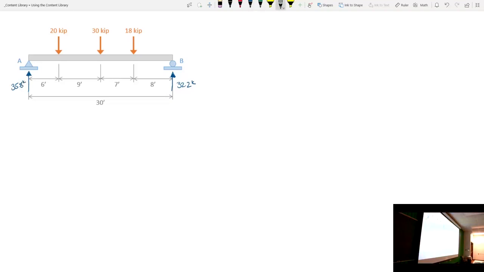Now, in order to handle this, I'm going to draw my shear diagram here, and then my moment diagram a little bit below. You probably saw in that initial slide kind of like generally what they look like. So in order to do this, I'm going to draw a series of guidelines that sort of go down like this just to keep everything lined up. Okay, so as you're drawing this on your calculations, just be prepared. There's going to be a lot down here and a lot down here.